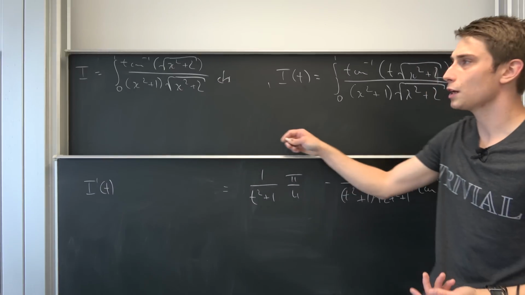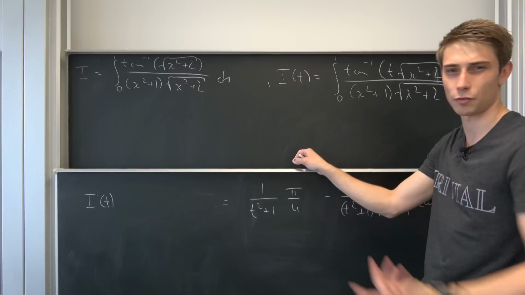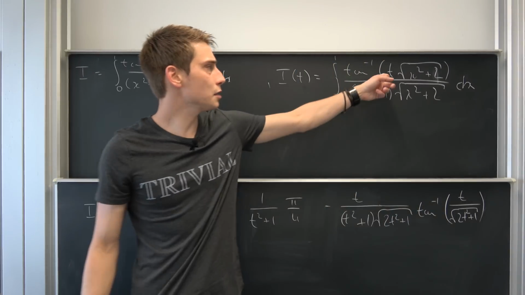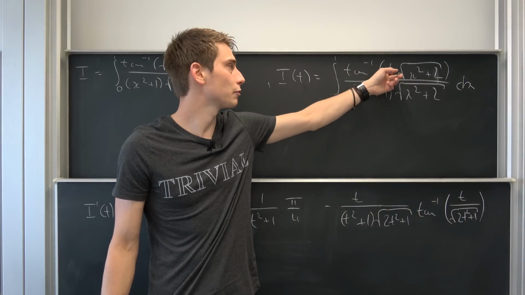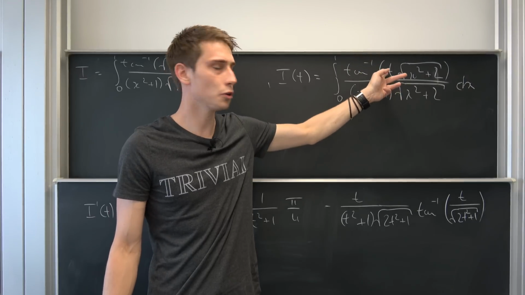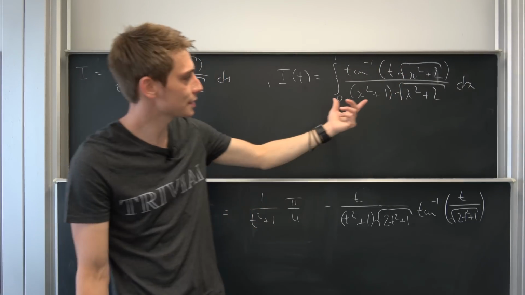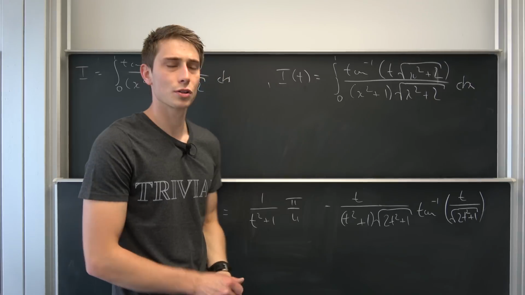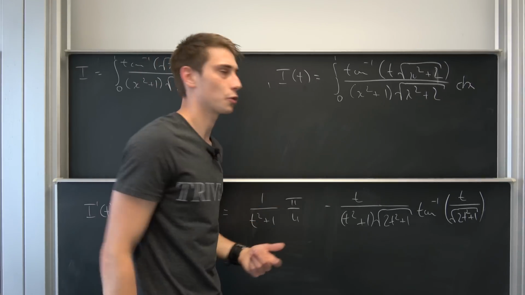Okay, nice and fine, but what about this weird infinity stuff I was talking about? Well, the good thing is, if we would let t approach positive infinity right here, that means our inverse tangent would just go to pi over 2. So we would just need to deal with this weird rational function right here. So that's the plan, and we are going to continue now.